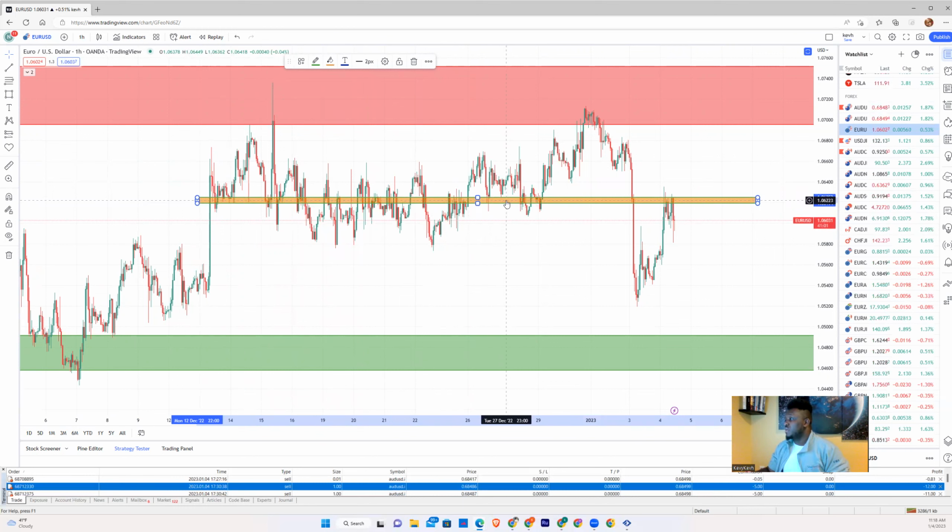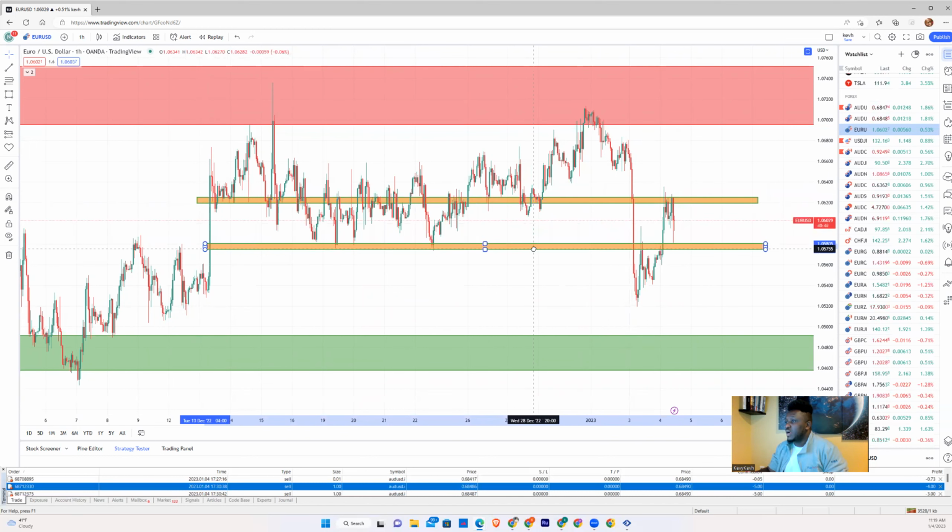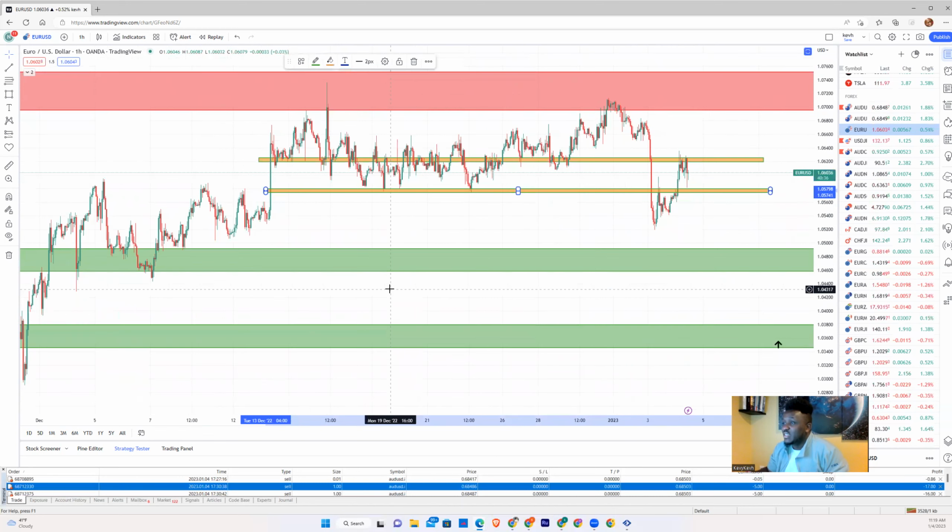So same thing here. You have a massive resistance area, which is why this market is reacting here. There's a good chance we are going to see this market maybe retest this zone, right? It already did. It actually already did right there. Look at that.